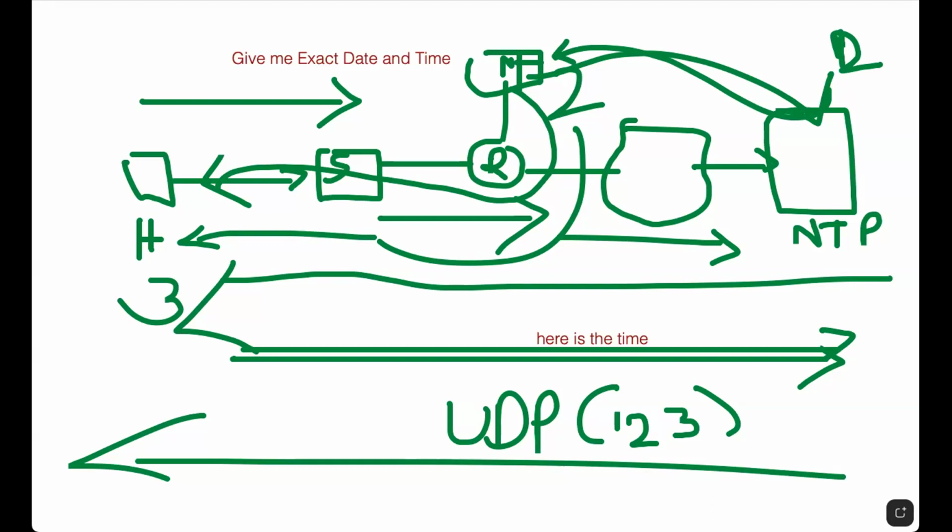Naveen Kumar, what is NTP and why is it used? NTP stands for Network Time Protocol. Okay. And why is it used? To exchange data. Shami, why is NTP used?